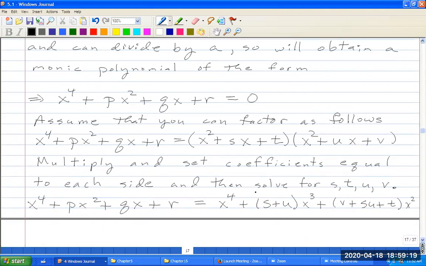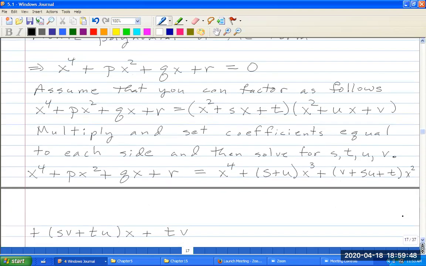So multiplying this, I get x to the 4th plus s plus u times x cubed, plus v plus su plus t all times x squared.